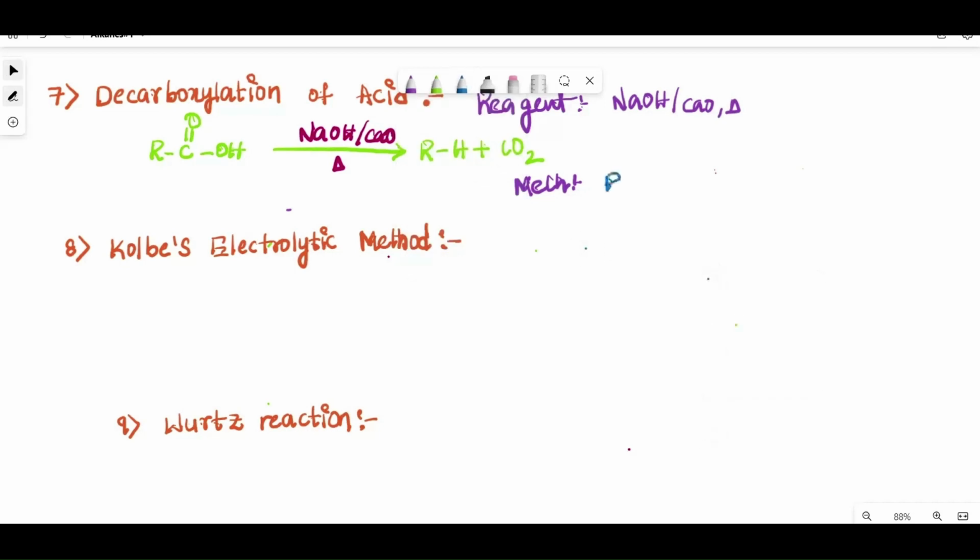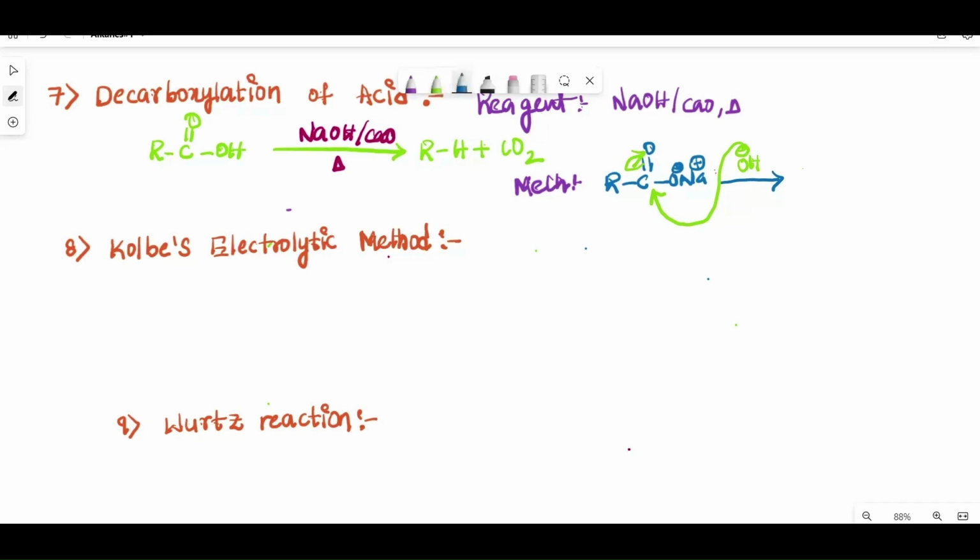After treating RC double bond OH with NaOH, you will get this one, RC double bond O minus Na plus. And we have OH minus also in this reaction. So this OH minus will attack on this carbon and this bond shifts towards oxygen.